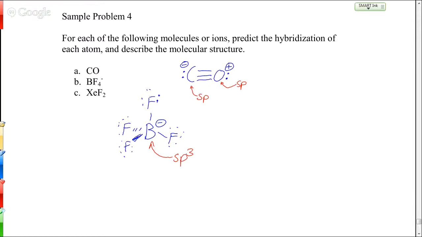All right, finally, xenon difluoride. What kind of a structure did you get for this one? sp3d. How'd you come up with that?